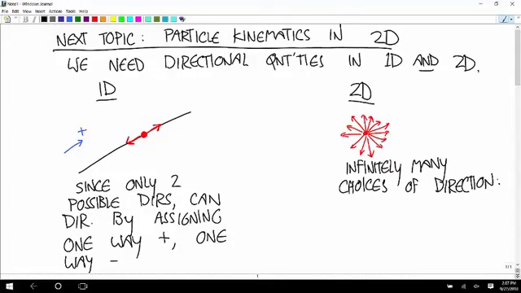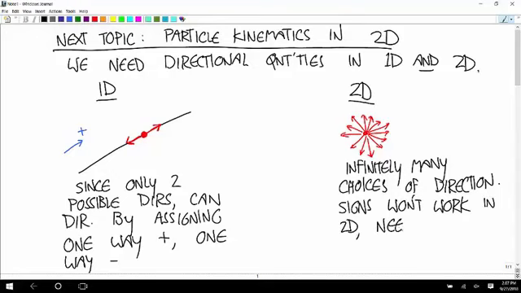And so obviously the positive, negative sign isn't going to give us a direction anymore. There's no way to specify infinitely many directions with only 2 signs. So that won't work in 2D.